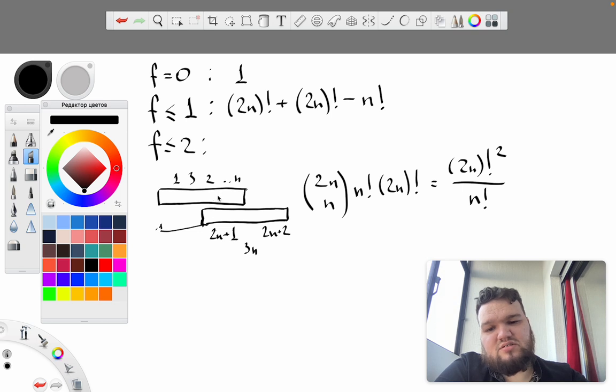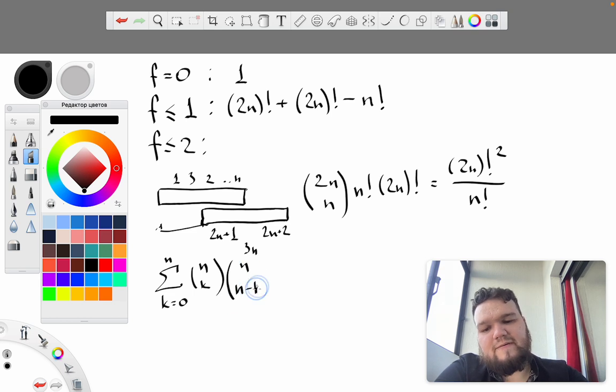We can iterate over the number of the small numbers that are in the middle. Let's say it's k. So it will be a sum over k from 0 to n. Now what? We have to choose those k positions here, and also choose n minus k positions here, which is the same actually.